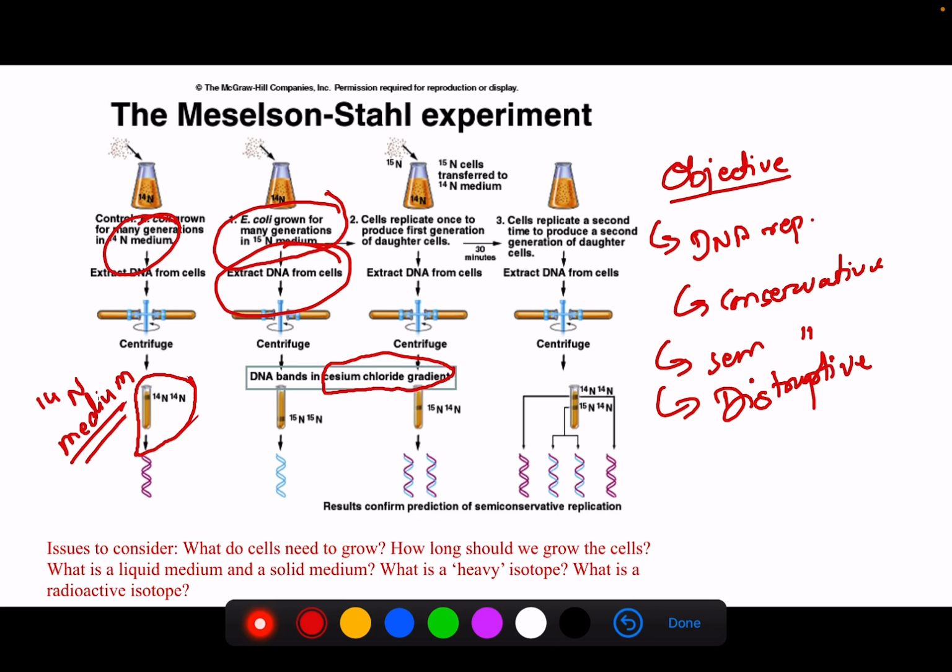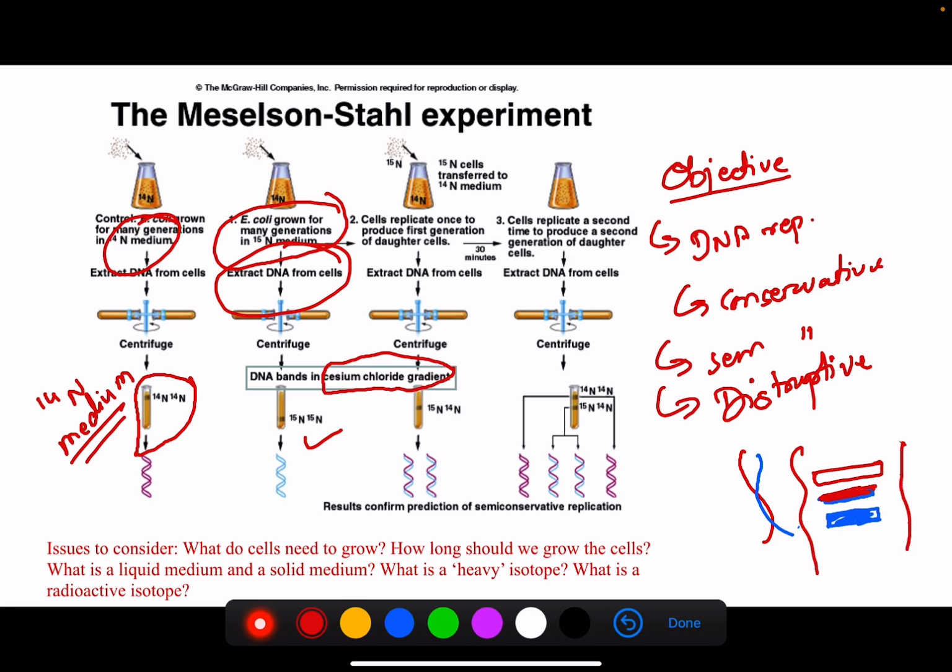So if it is semi-conservative, then you will get a band of, let's say, N15 and a band of N14. The band of N14 should be higher, I believe, and N15 should be lower. So the band that they are talking about should lie somewhere here, okay?